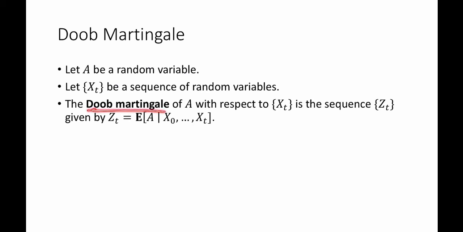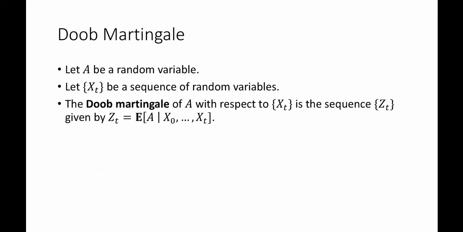Then the Doob martingale of a, with respect to the sequence xt, is defined to be the sequence zt, which is given by zt is the expectation of a conditioned on x0 up through xt. We'll see a few examples of this in a minute, but first let's verify that this is indeed a martingale, at least assuming that the expected value of the absolute value of zt is finite.